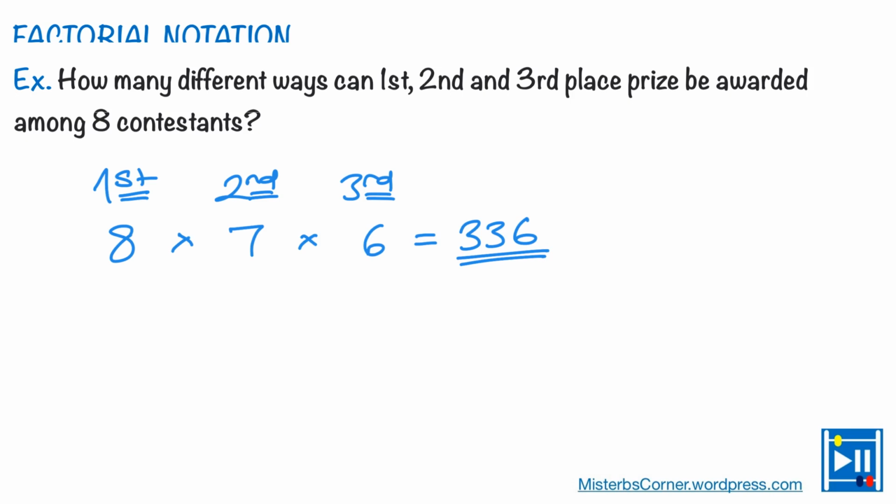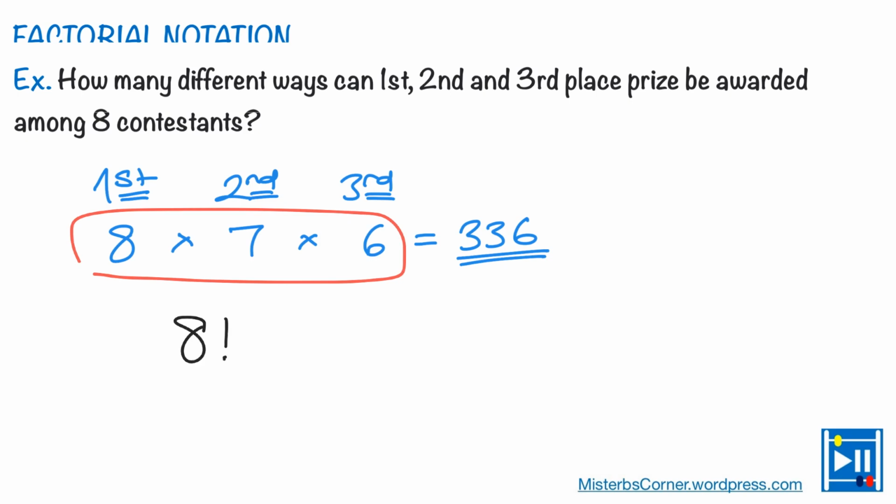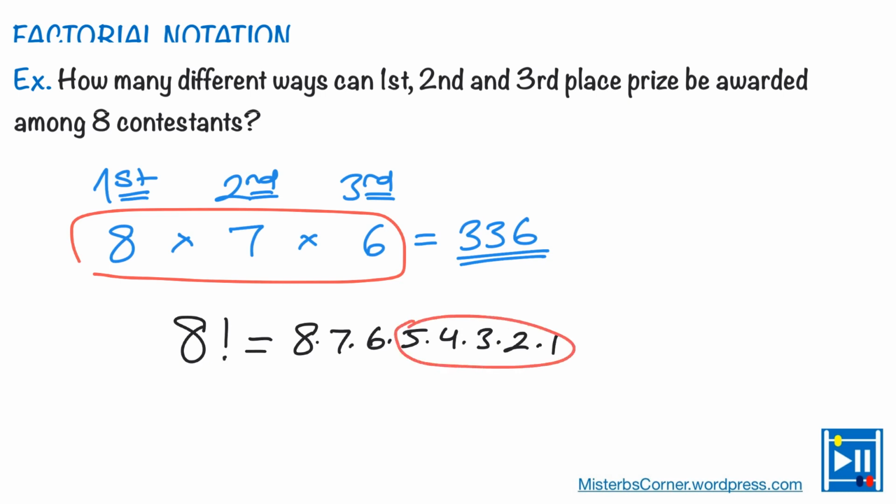So the question is, how can I end up with this calculation? I know how to calculate, let's say, 8 factorial, yeah? And 8 factorial means 8 times 7 times 6 times 5 times 4 times 3 times 2 times 1, right? All I want to get rid of is this bit, yeah?